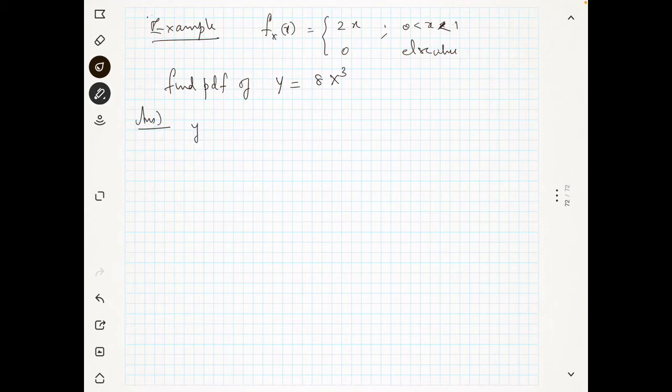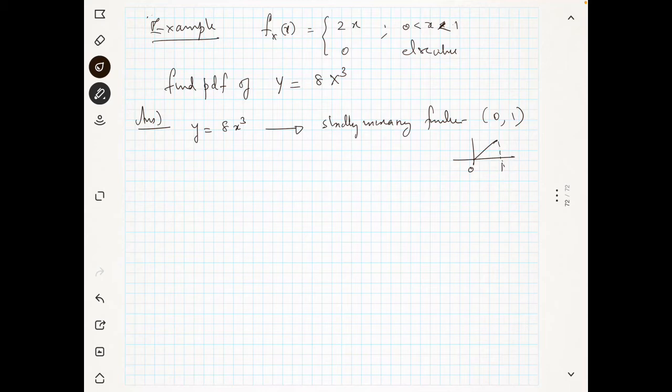We have y equal to 8 times x cube. It is a strictly monotonic function, it means a strictly increasing function, in 0 and 1. Now we want to find the PDF of y.